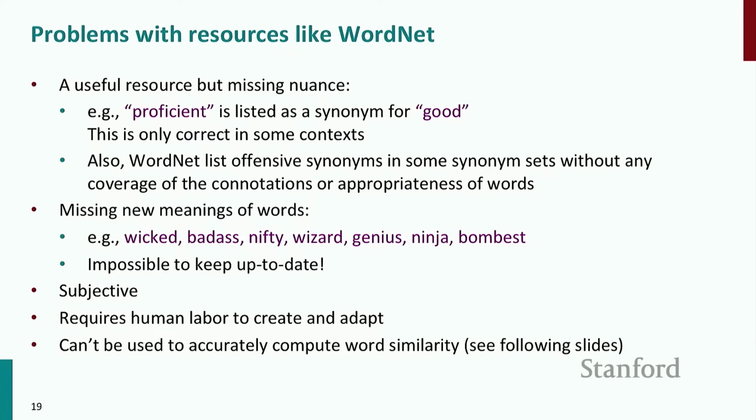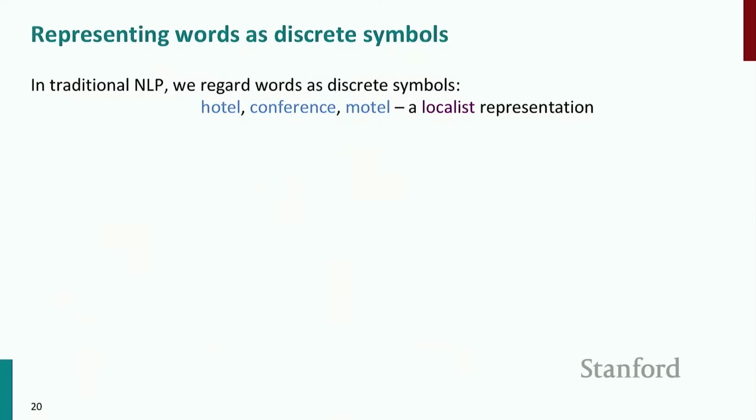So this led into the idea of, can we represent meaning differently? And this leads us into word vectors. So when we have words, wicked, badass, nifty, wizard, what do they turn into when we have computers? Well, effectively, words are these discrete symbols, just some kind of atom or symbol.